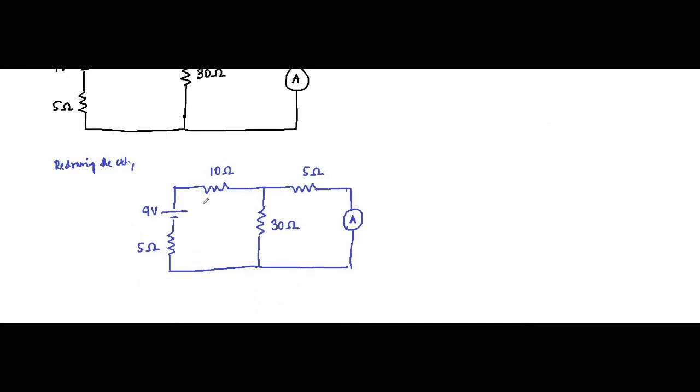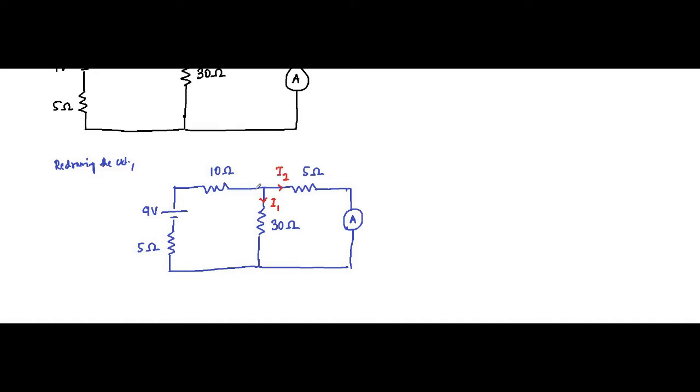So first let us assign the branch currents. Here there are two branches, 30 ohm and 5 ohm, across which the ammeter is connected. Let's say the current flowing through this is I1 and this is I2.